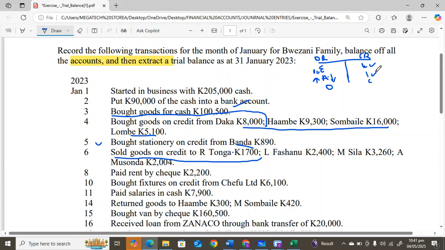So that's the same you do with Alpha, Shanu, MC. Now, all of these are your receivables. They're owing you money.